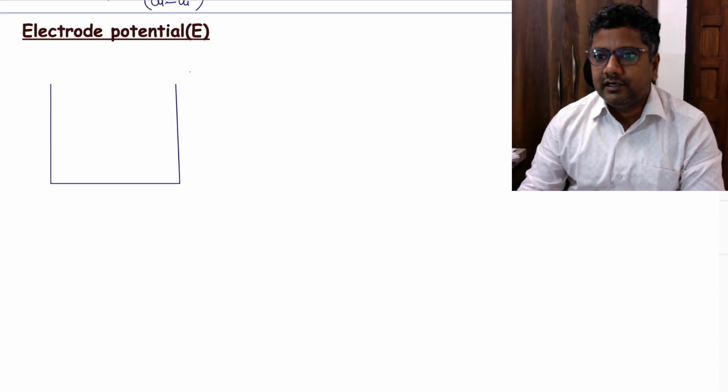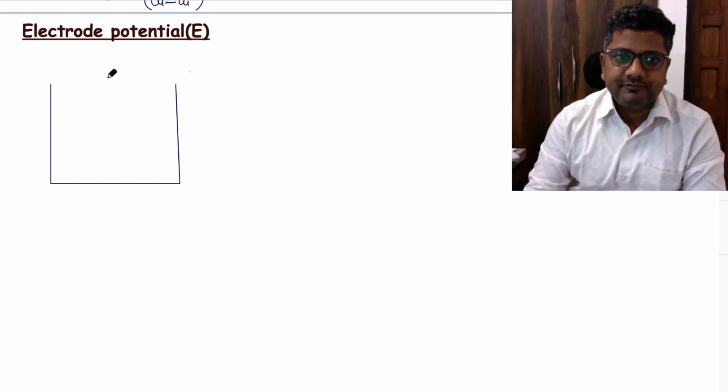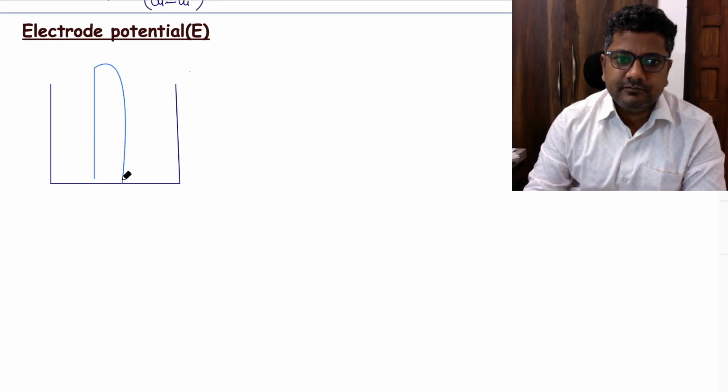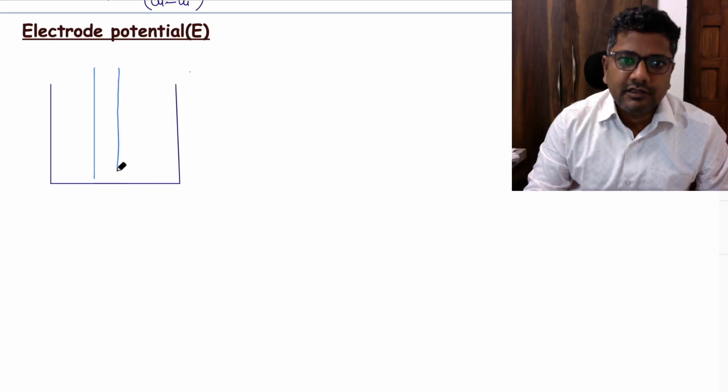Suppose that the inert container is this, and you have a zinc rod like this, right?